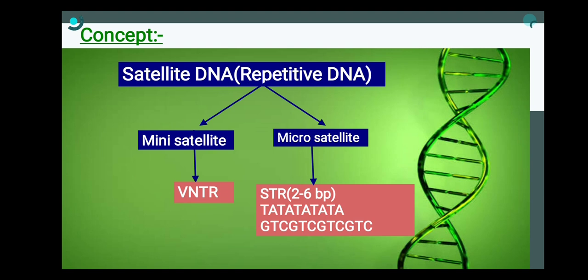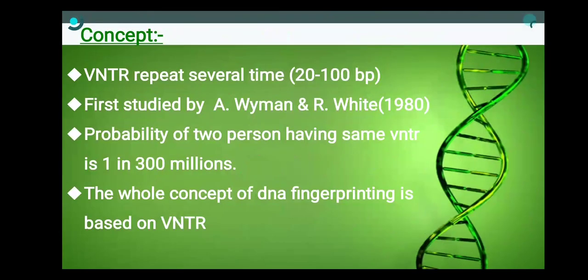An example is TATA, meaning the TA sequence. It is a dinucleotide sequence, and another example is a trinucleotide sequence. These are all about microsatellite and mini satellite. Now, as I told you earlier, VNTR repeats several times.